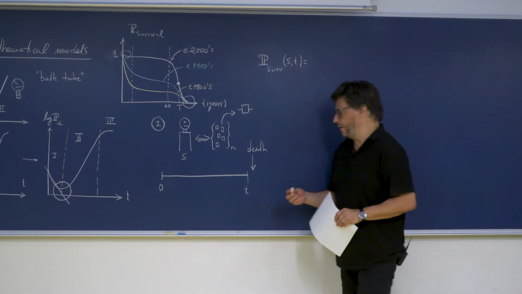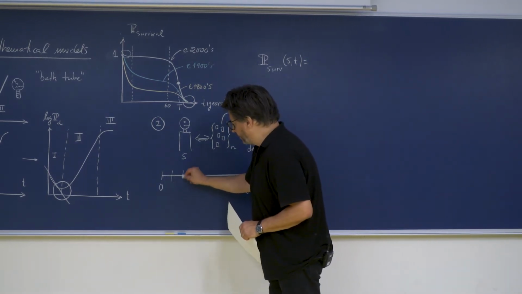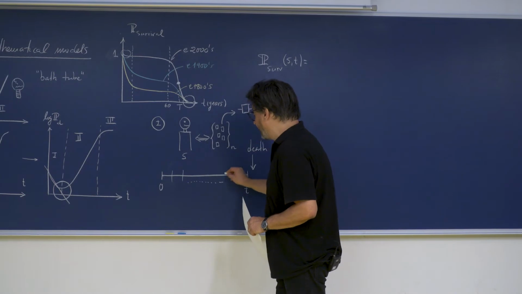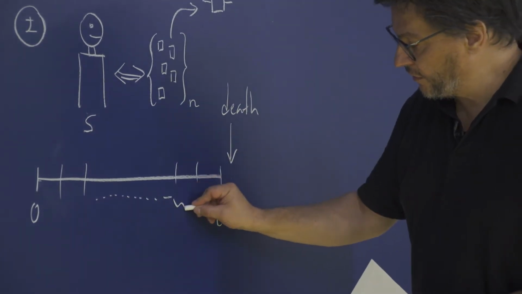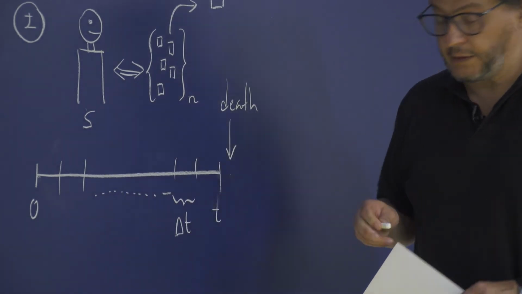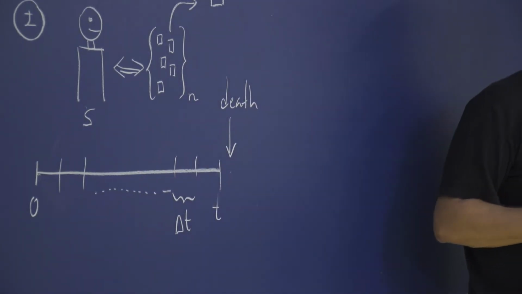Imagine that I make a partition of my time scale in arbitrary intervals. This is of size delta t, a given time interval.